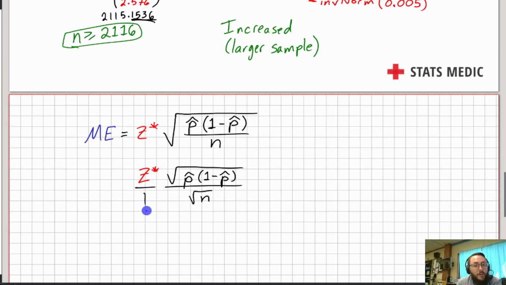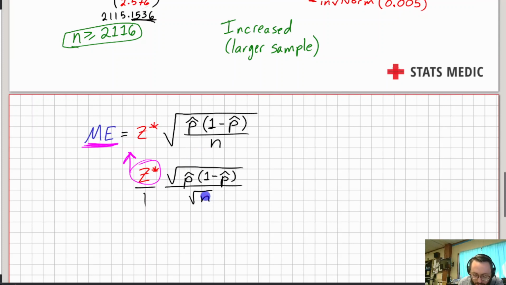As our confidence increases, our critical value will increase. But our margin of error needs to stay the same, so that is fixed. So is our sample proportion, p hat. That's fixed, so we can't change that.